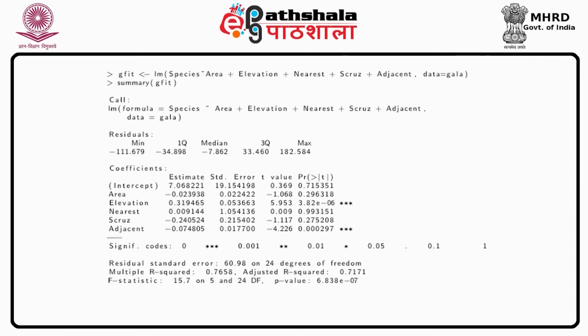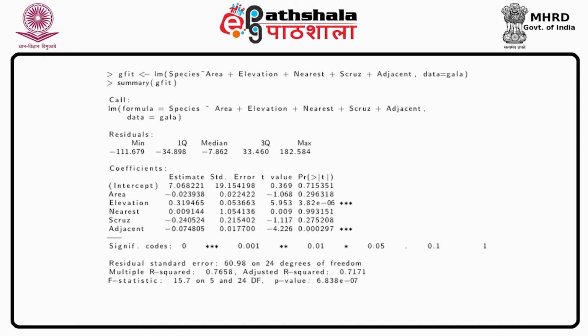Now underneath we have the coefficient table, where first they have listed the x variables, and corresponding to each of these we have the estimate of the corresponding coefficient. So let's take the first value 7.068, which happens to be the intercept. In a model where we have y equals alpha 0 plus alpha 1 x1, alpha 0 happens to be 7.068.